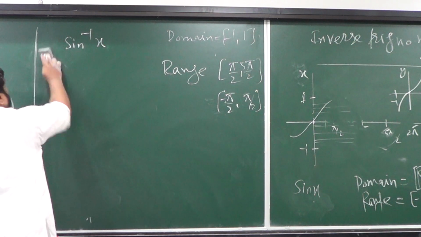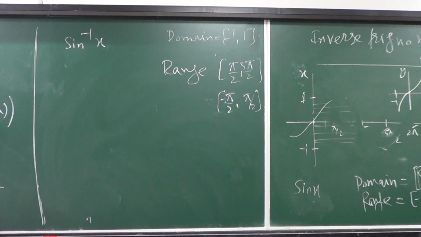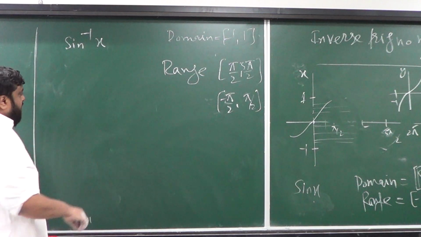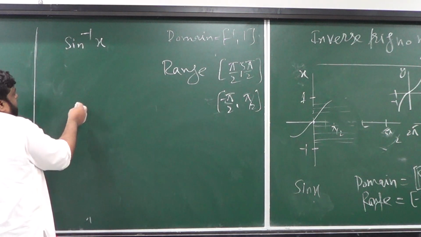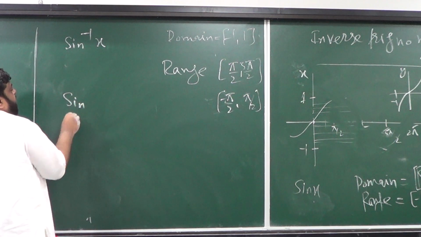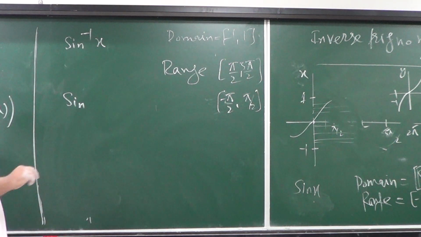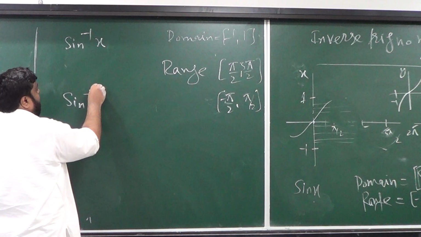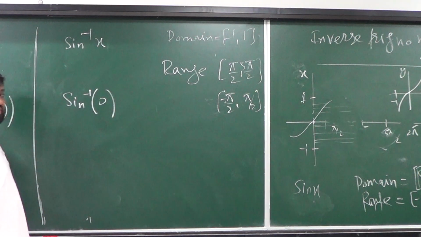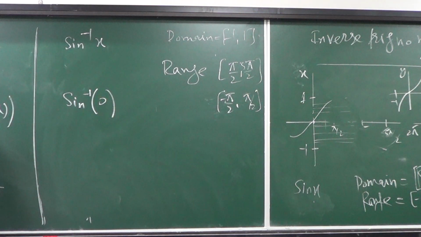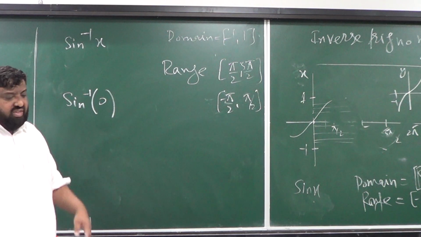To give you more of a glimpse of the inverse trigonometric function, we can think of, for example, what is the sine inverse of 0? When you are computing the sine inverse of 0, you are asking a question.